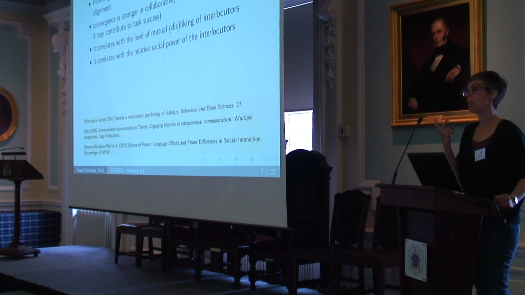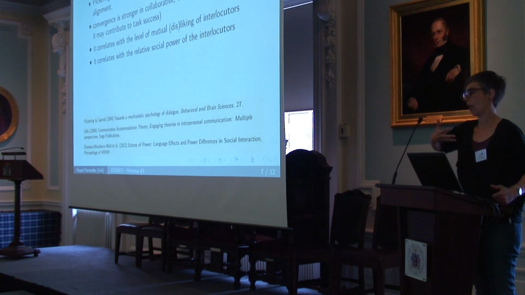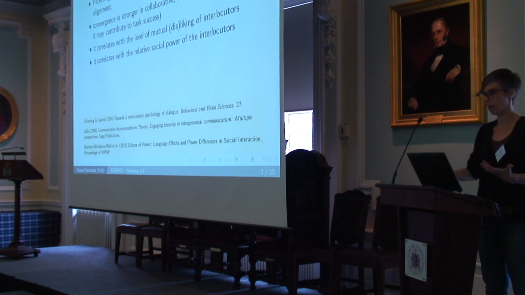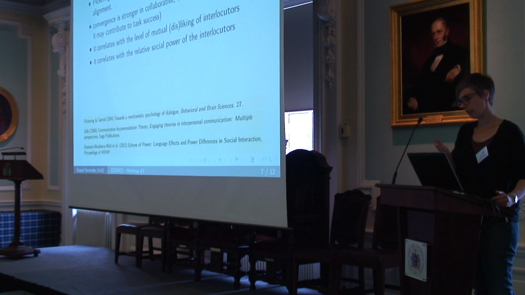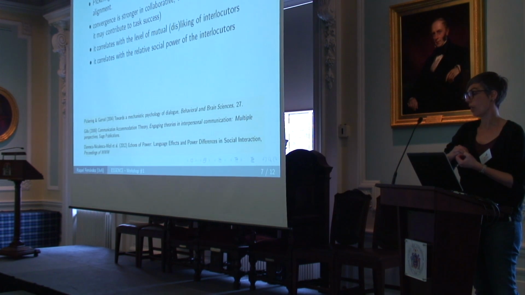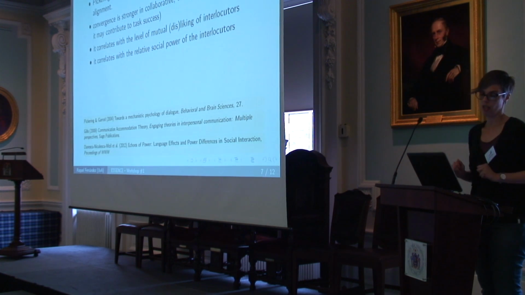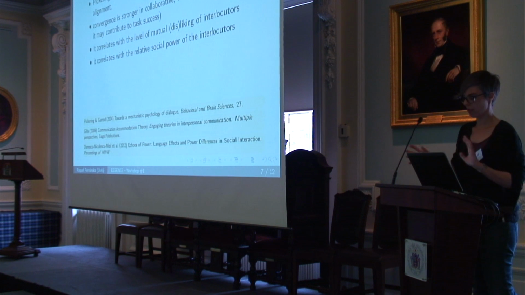Other things that we know: this external convergence is stronger if we are engaged in a task that we are trying to achieve collaboratively. There is some evidence showing that the more structural alignment we have, the more task success we achieve, although there is also contrasting evidence, so this is not very clear.